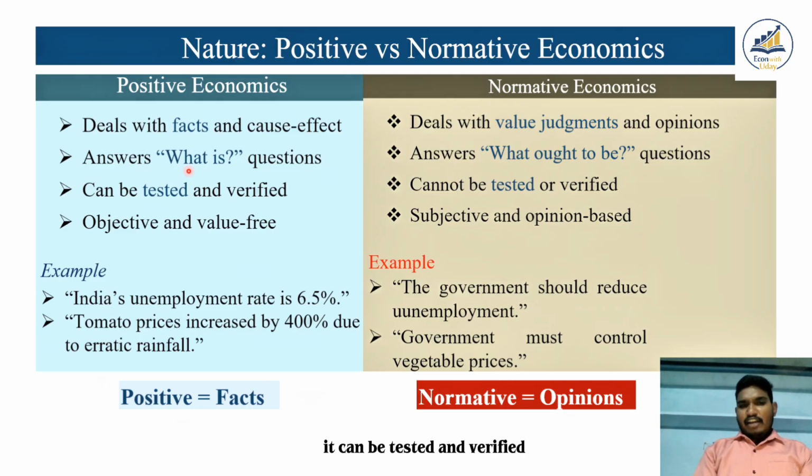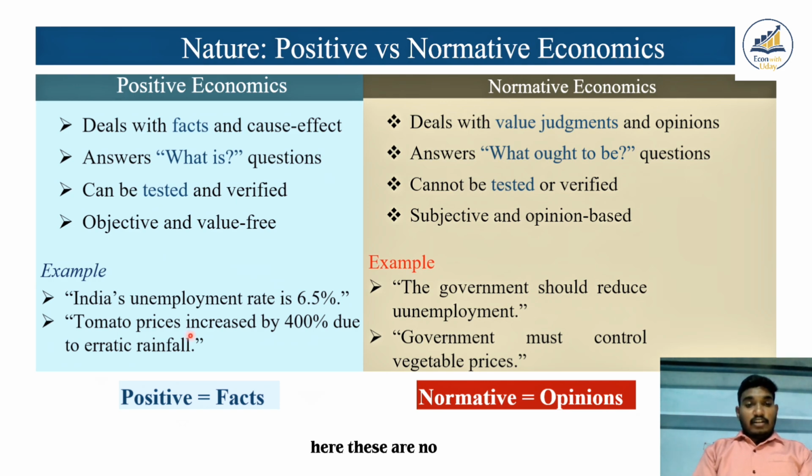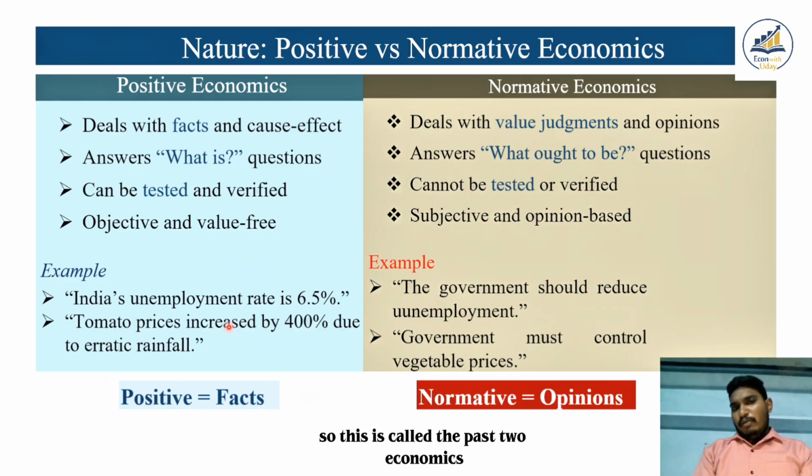It can be tested and verified, and it is objective and value free. Example: India's unemployment rate is 6.5%, and tomato prices increased by 400% due to erratic rainfall. These are not opinions; they are facts, derived from research and data. So this is called positive economics.